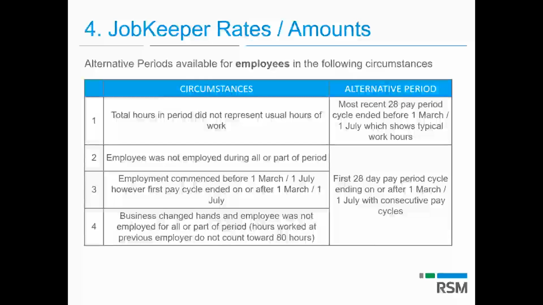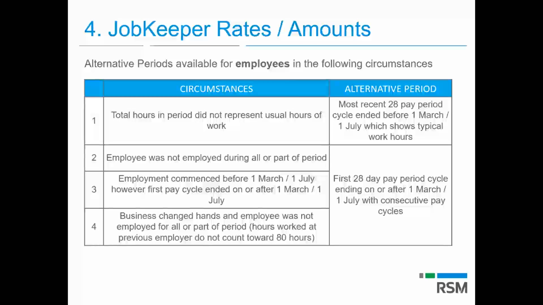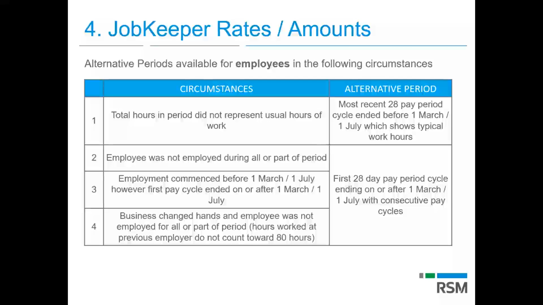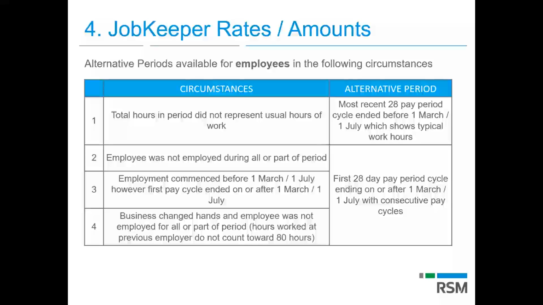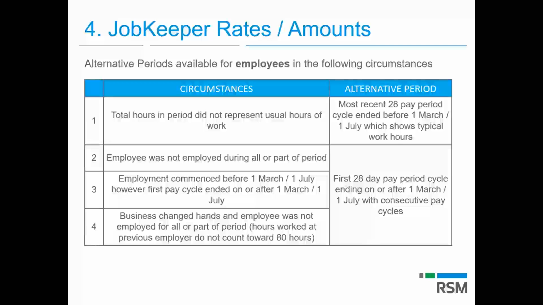There will be some circumstances whereby the employee, for various reasons, did not work at least 80 hours in the relevant 28-day cycle, and the rules address this by providing a series of alternative periods that can apply in certain circumstances. For employees, the alternative period can be used in one of the following circumstances: total hours worked in the period did not represent ordinary hours worked.